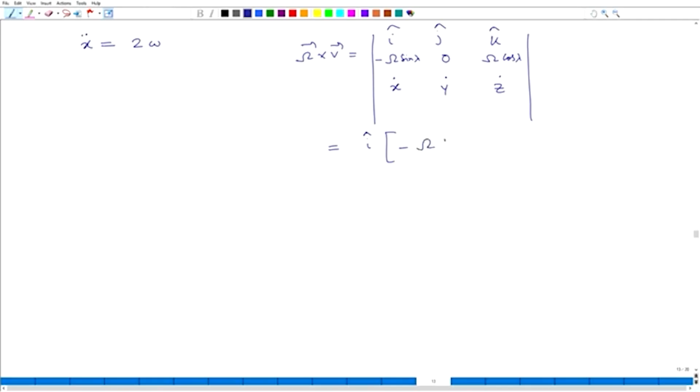Then I will have i times minus omega cos lambda y dot, plus, with i I will have this minus this, plus j, I will have x dot omega cos lambda, minus of minus, so plus omega sin lambda z dot, plus k cap, minus omega y dot sin lambda.